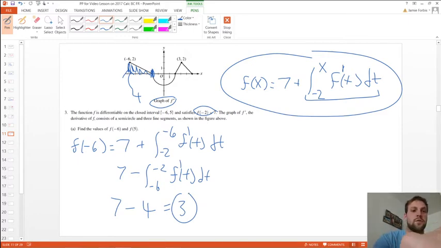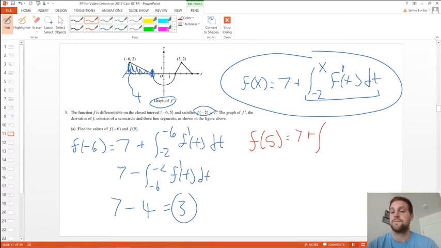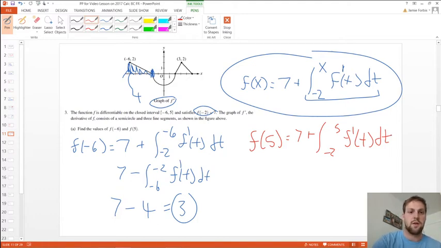Now if I want to do f of 5, that's going to be the same thing. f of 5 equals 7 plus the integral from -2 to 5 of f prime of t dt. So the area underneath the curve of the derivative function, right? That's just going to be the area of this semicircle and the area of this triangle all the way to 5 there.